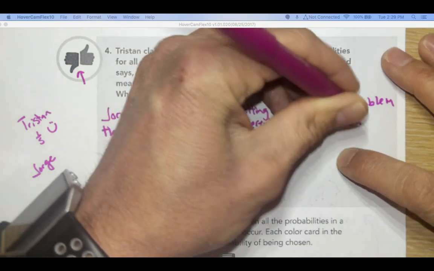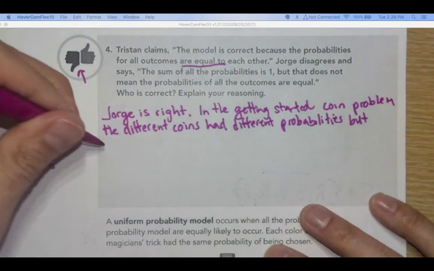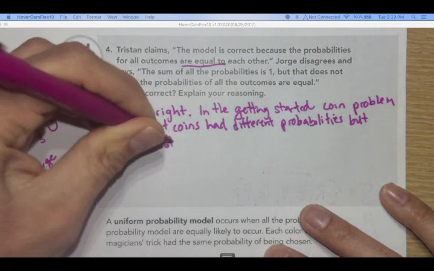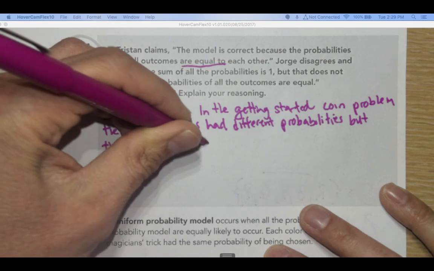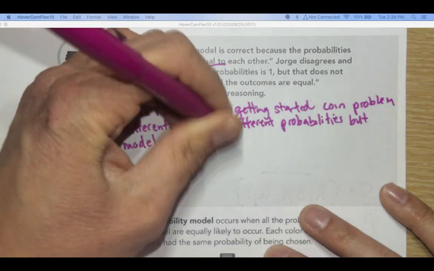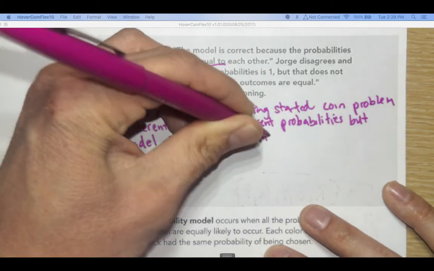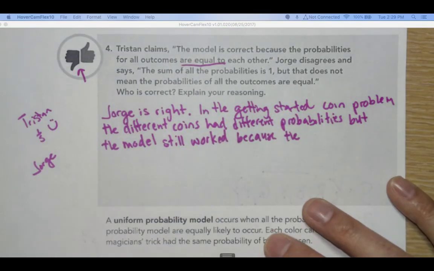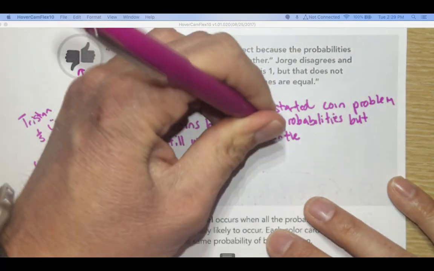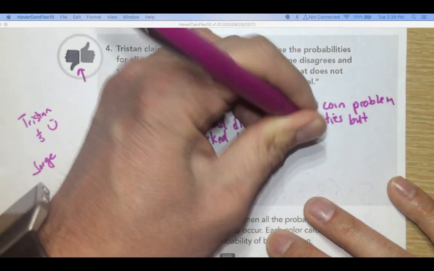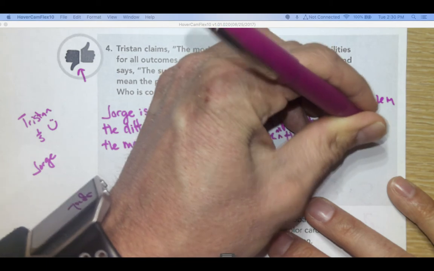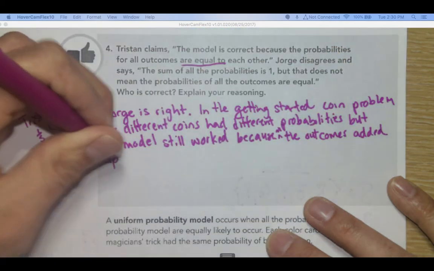But the model still worked because all the outcomes added up to 1.